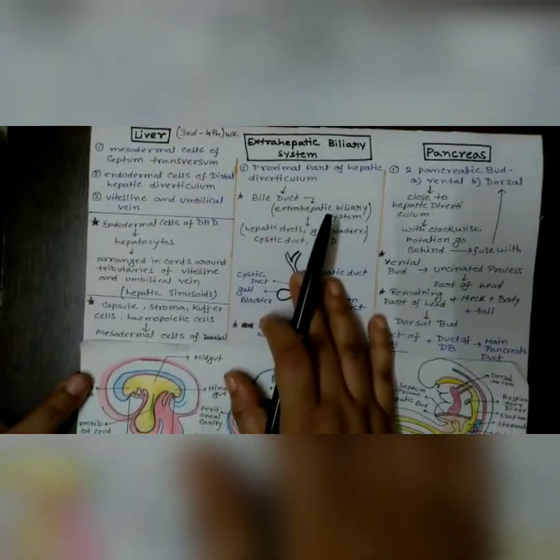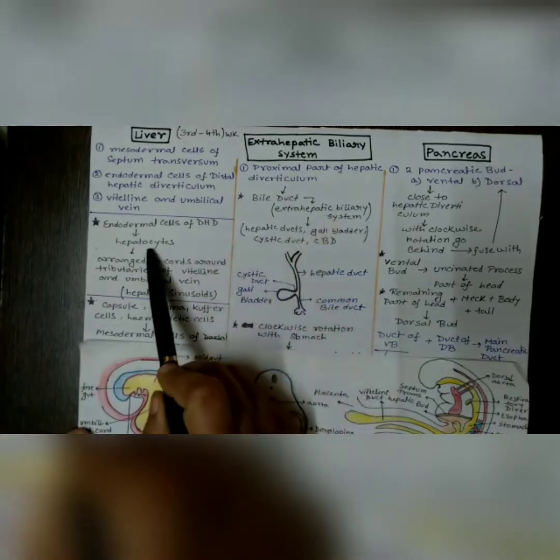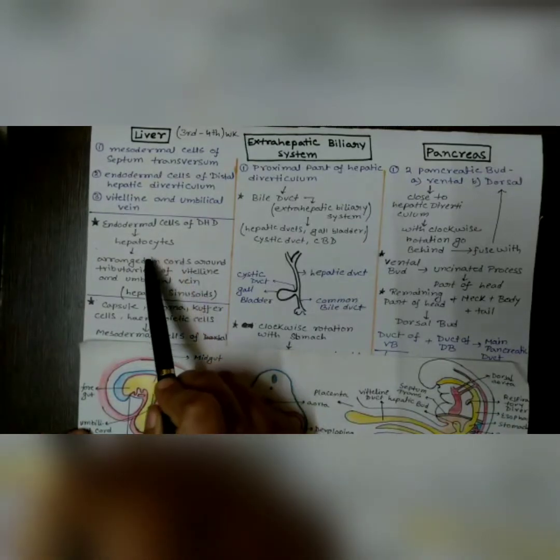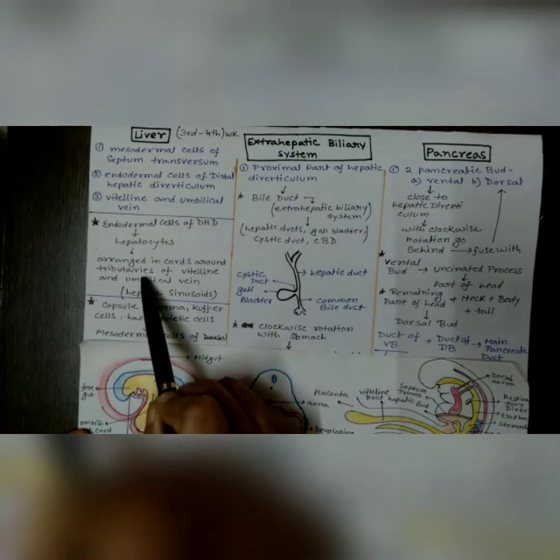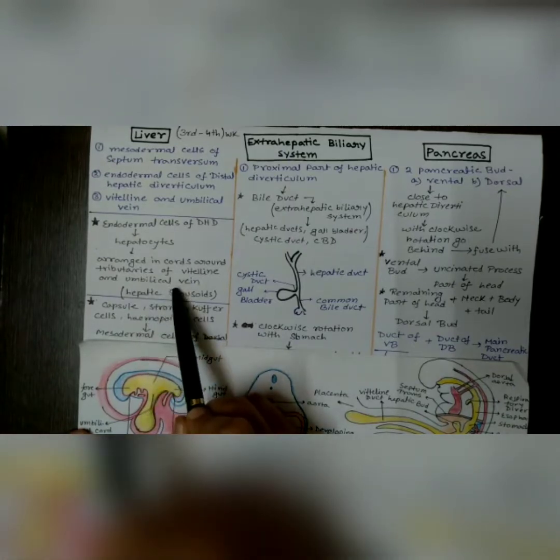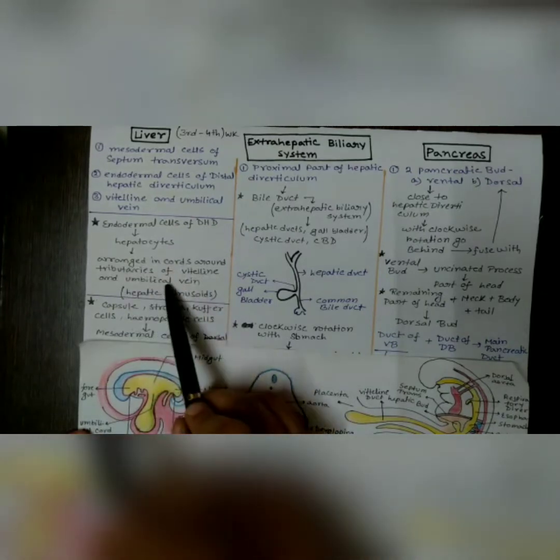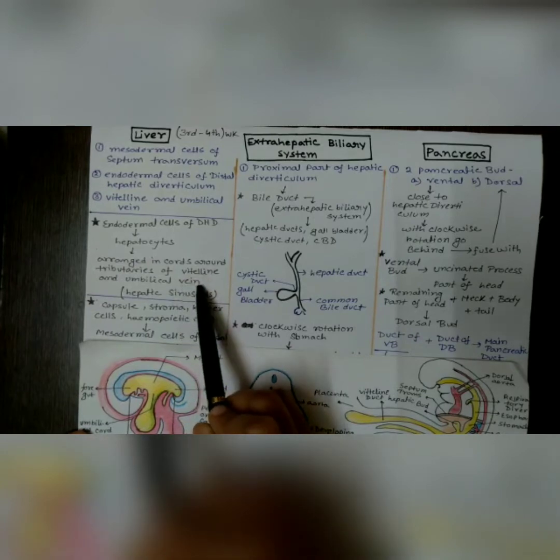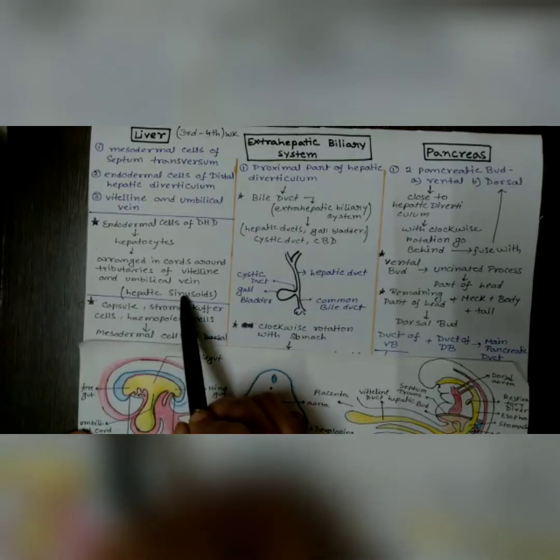Endodermal cells of the dorsal portion of the hepatic diverticulum give rise to hepatocytes. These hepatocytes arrange in a cord-like manner around the tributaries of the vitelline and umbilical veins. You can appreciate hepatic sinusoids in the adult liver. Actually, when this arrangement increases and converts into the adult liver, this will convert into hepatic sinusoids.